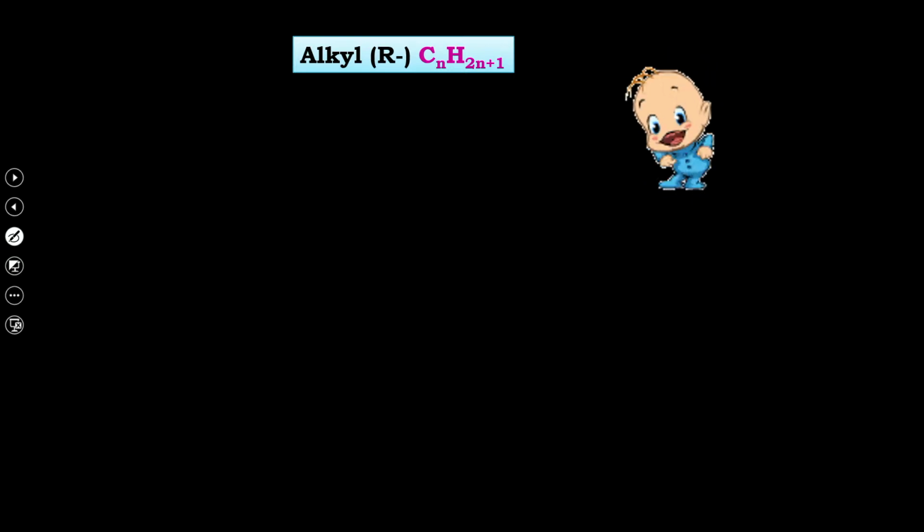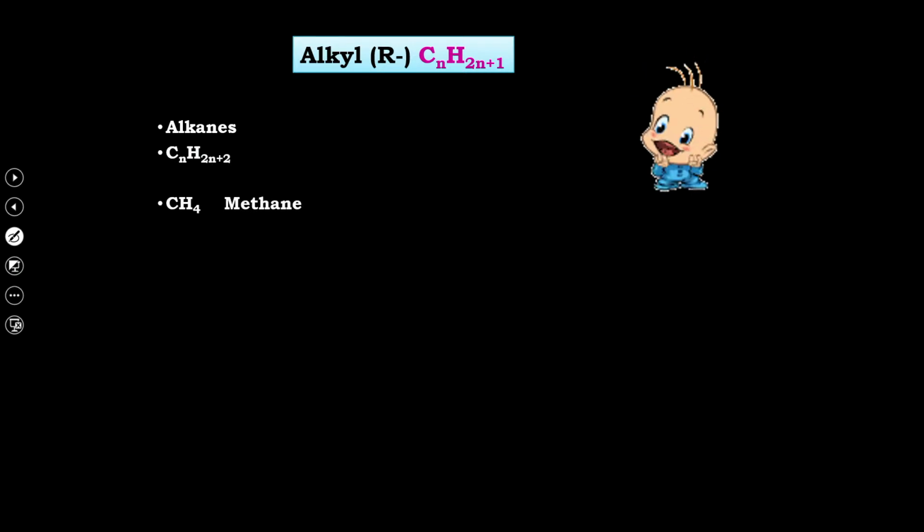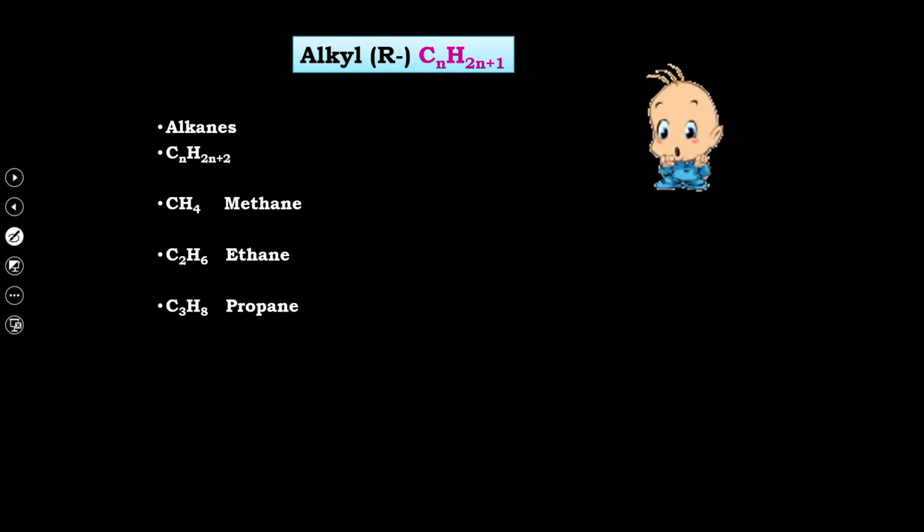Now, we know that the formula for alkanes is CnH2n plus 2. So, what if I remove one hydrogen from methane? We know that this carbon is bonded to 4 hydrogen atoms.